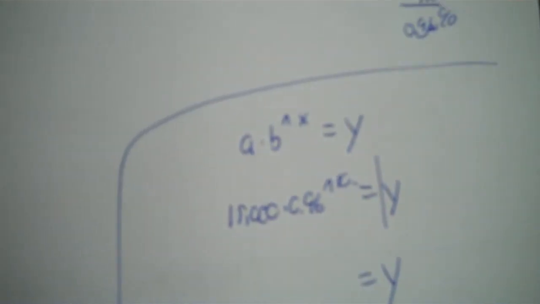And y is what we solve for, so y is all by itself. So you take 15,000 times 0.96 to the power of 10. We're talking students here, so we probably don't want the decimal: 9,972. The 4 after it would not round up to a digit. And that is your answer.